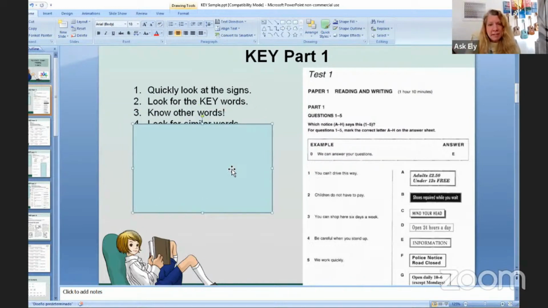So free means no money. Now we look for similar words. We're going to look at these and see if there are any similar words to adults under 12. We're thinking less than 12, meaning child. So children, it's another word for under 12, eat free.